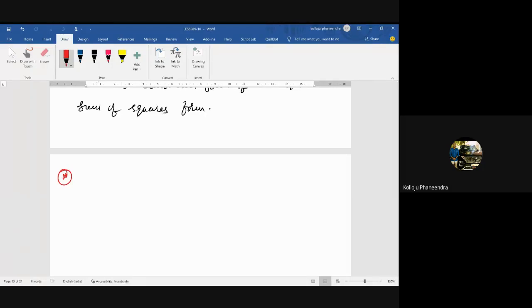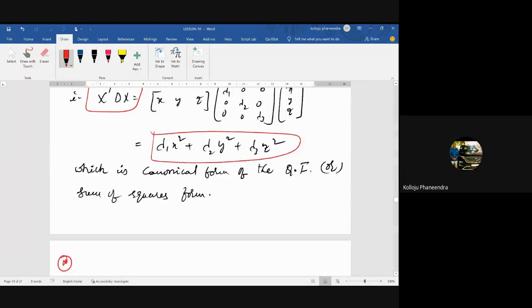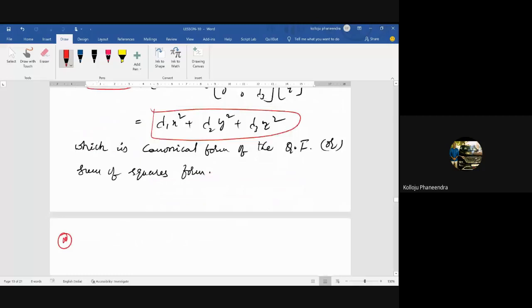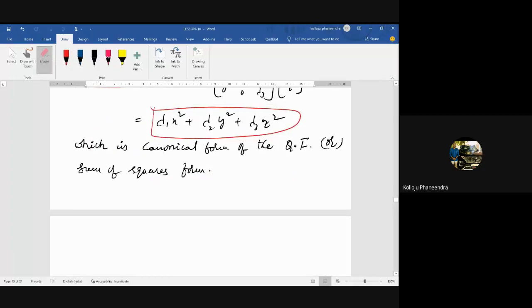Let me take one more important point. This is the seventh one. Now the eighth point, let me write the remaining characteristics also.